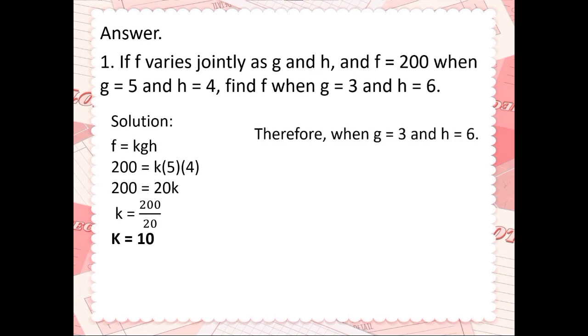Therefore, if we're going to find F, let us substitute the next given, which is G is equal to 3 and H is equal to 6, to the variation mathematical sentence. So since we already have the value of K, we'll be having now F is equal to 10 times 3 times 6, which is F is equal to 180.